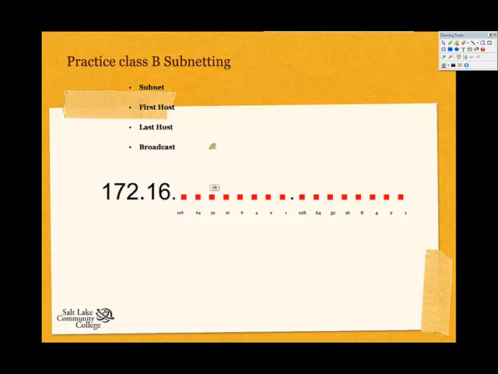Now the key with this is that we're not working with this octet over here. This octet over here is going to be ignored. We're going to be working with this octet, the 3rd octet as opposed to the 4th octet.